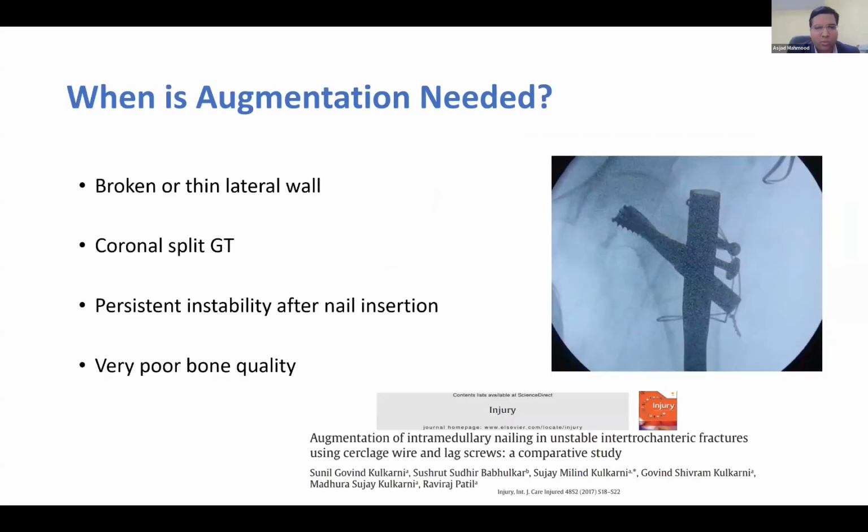Now coming to augmentation, when is augmentation needed in these unstable varieties of IT fractures? It can be needed with a broken or thin lateral wall, coronal split GT fragments, persistent instability after nail insertion, and in cases of very poor bone quality. In very poor bone quality, we may augment with cement also.